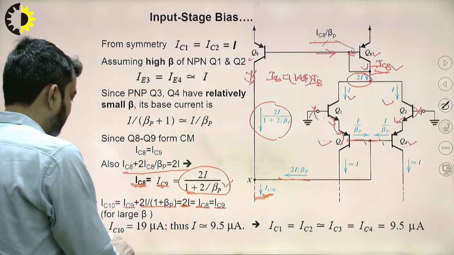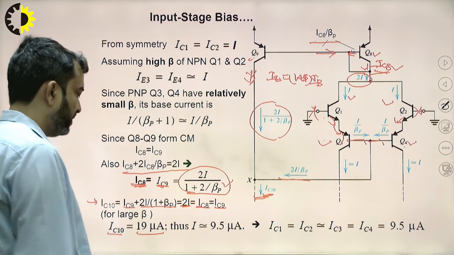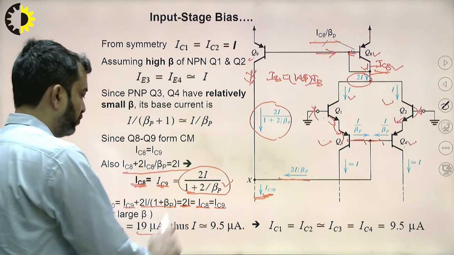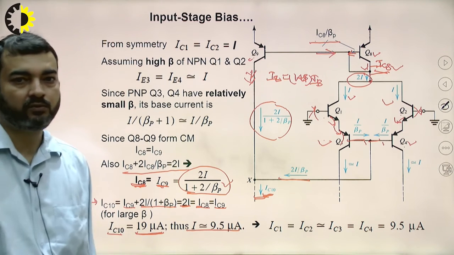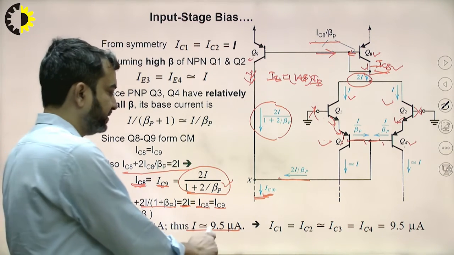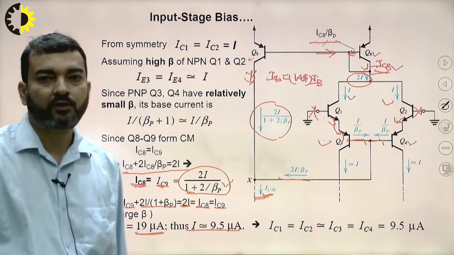We know IC10 is equal to 19 microampere, and this is equal to 2I. So the I value will be 19 divided by 2, which is 9.5 microampere.